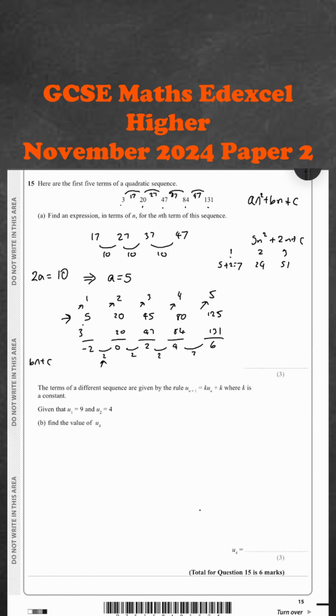And what we actually have is 3, 20, and 47. Should be able to see that 7 take 3 is 4, 24 take 20 is 4, and 51 take 47 is 4. So we need to do 5n squared plus 2n minus 4. And that should be our answer.